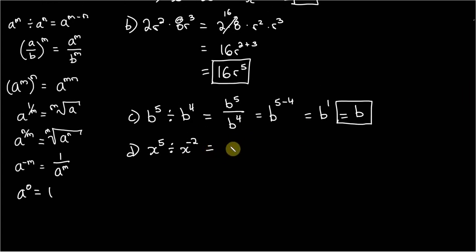So it's going to be x raised to the power of 5 minus negative 2. The double negative will be positive, so this is going to be 5 plus 2. And 5 plus 2 is 7, so x to the power of 7.